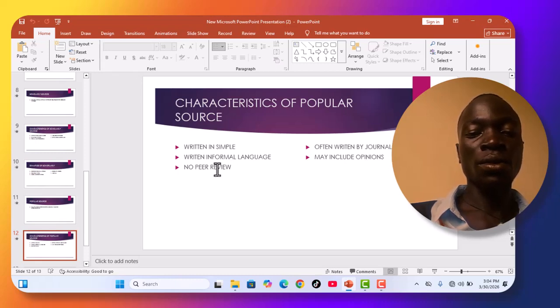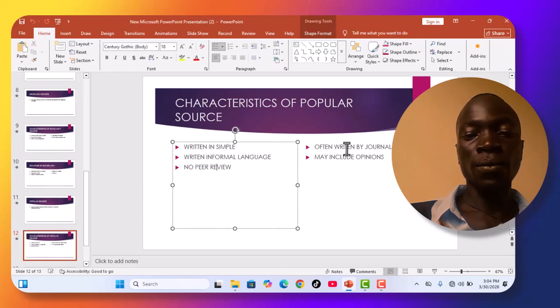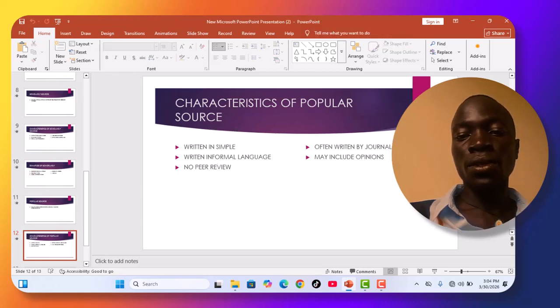Another characteristic is that it is often written by journalists. Yes, those people who handle the news are mostly the ones who take this part of popular source. They collect information from the community and give it out in a popular way.